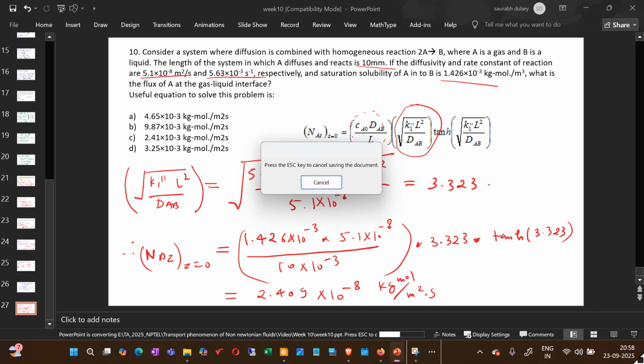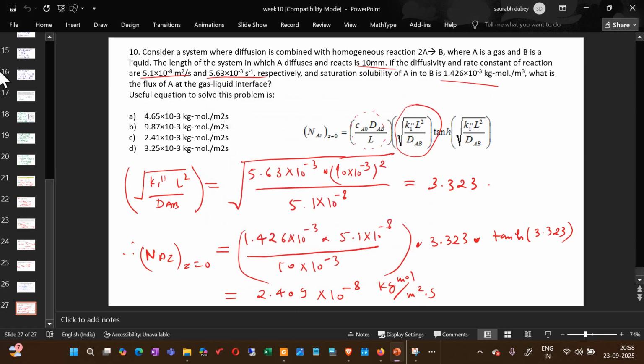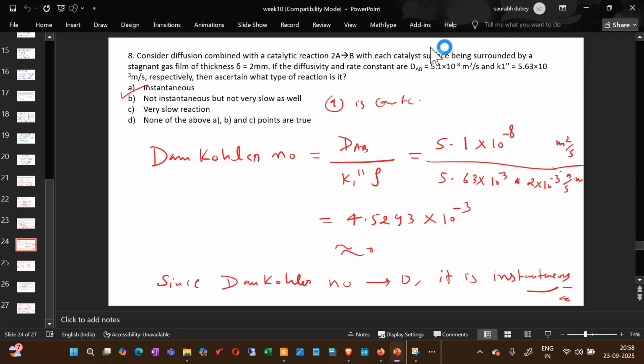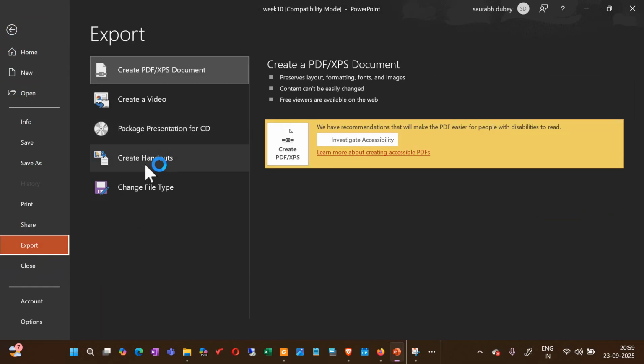It is still saving. So, okay. So the thing is, let's just export the PDF. Okay.